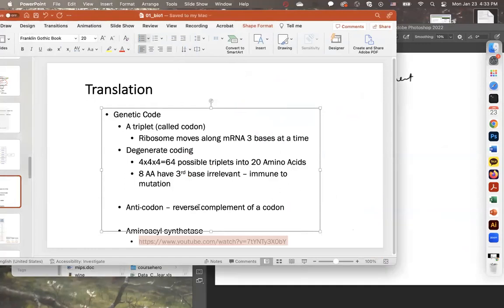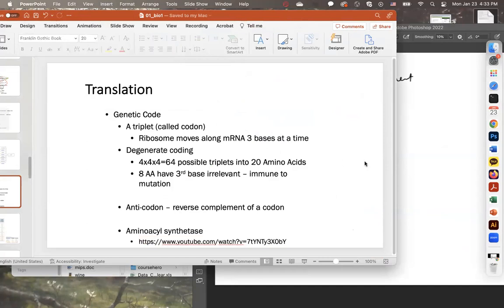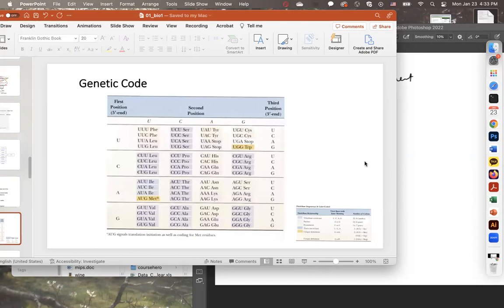So the anticodon is the reverse complement of the codon, and this is part of the transfer RNA. Depending on what you have in the anticodon, that transfer RNA brings or attaches a specific amino acid. Namely, depending on what the codon is, it attaches a specific amino acid. Right? So that's the translation process.